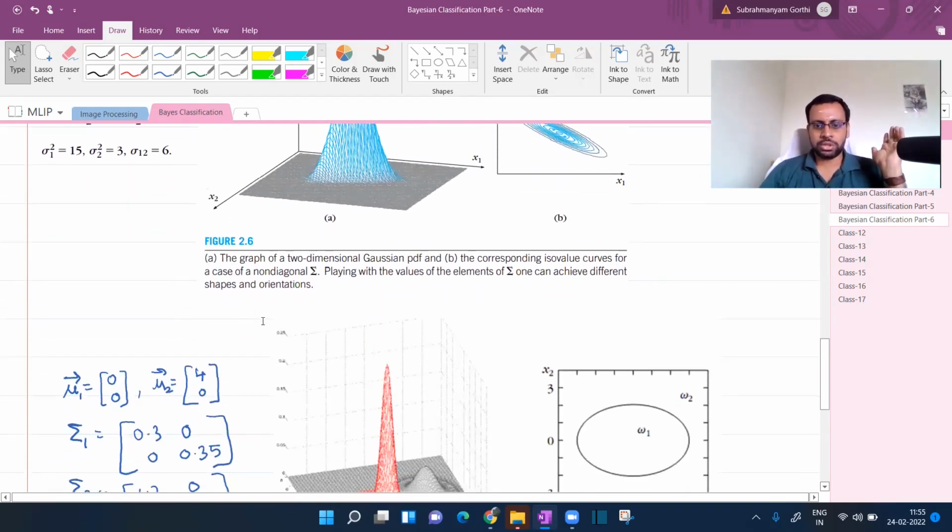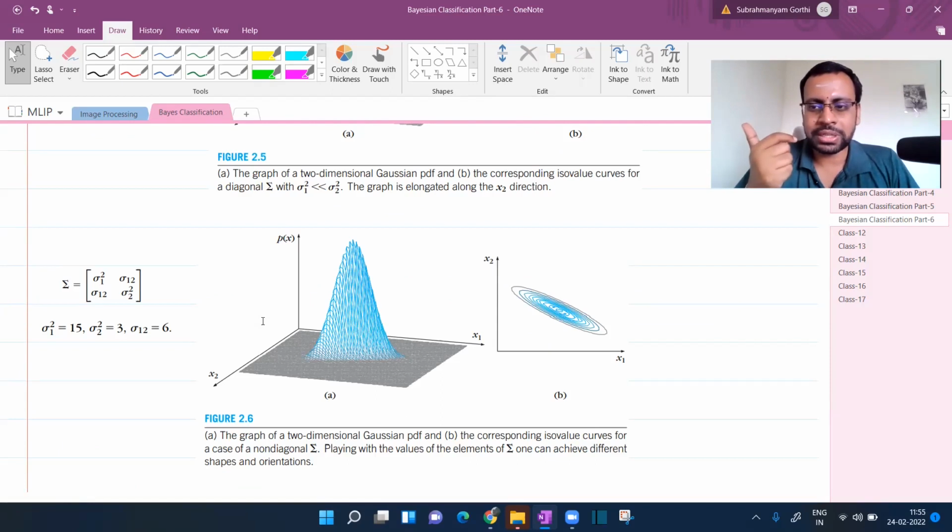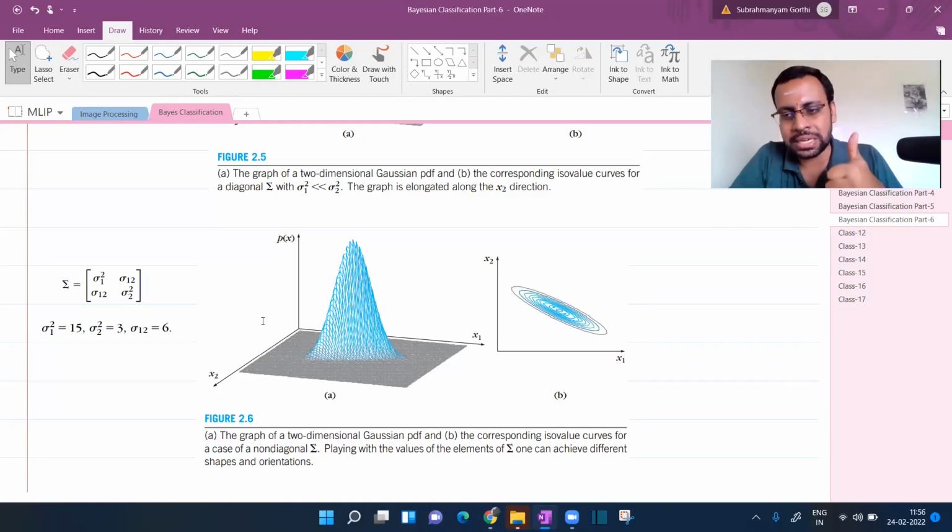To summarize what we looked at in this class: since the likelihood functions for each class will be approximated with the Gaussian in many cases, and your feature vector need not necessarily be one-dimensional, of course, in most cases it will be many-dimensional, an L-dimensional space.